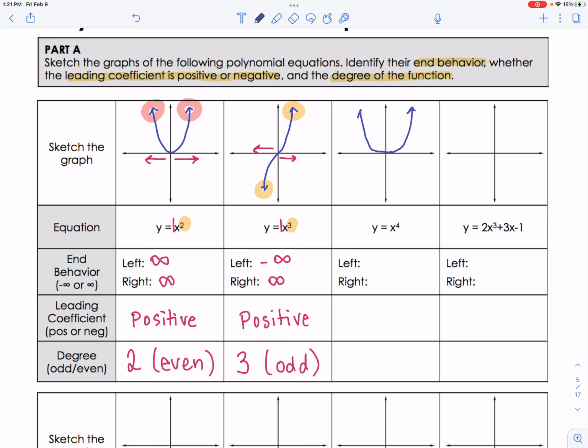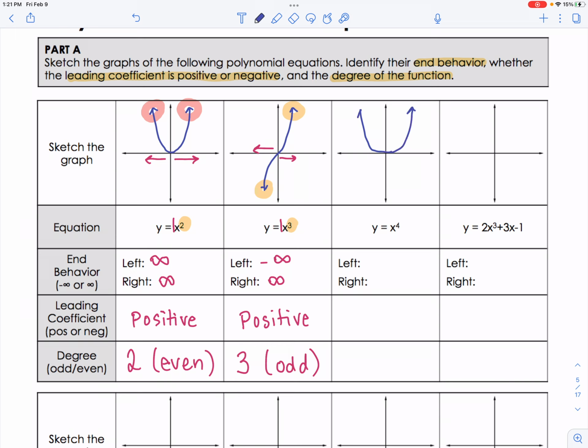Next, we look at negative x to the 4th power. When I graph negative x to the 4th power, it's very similar to x to the 4th, except it's going to reflect across the x-axis. So it looks like that. Now when we look at the end behavior, in a different color, red: down and down.